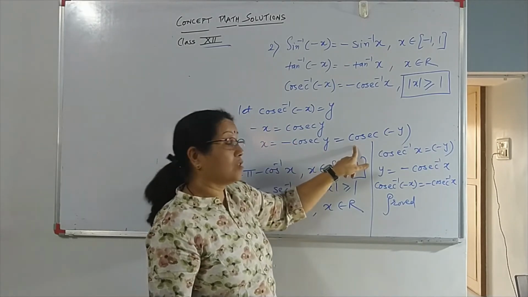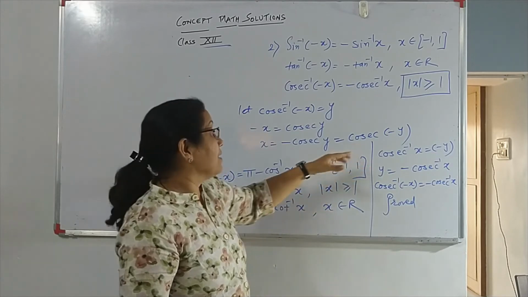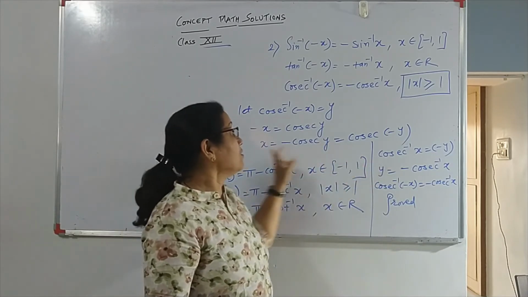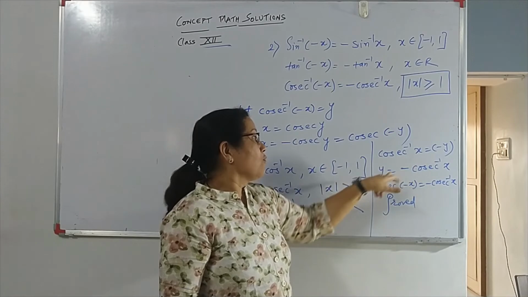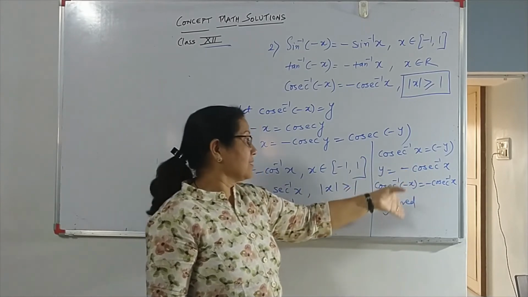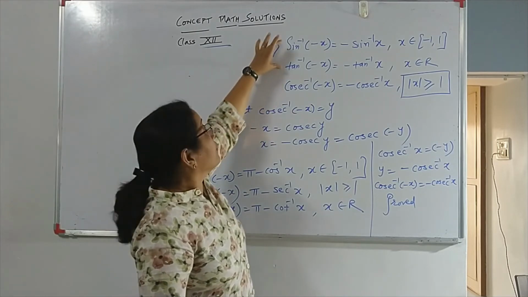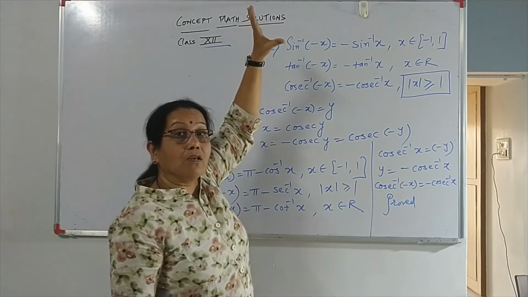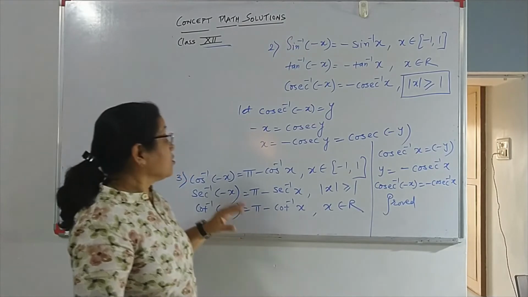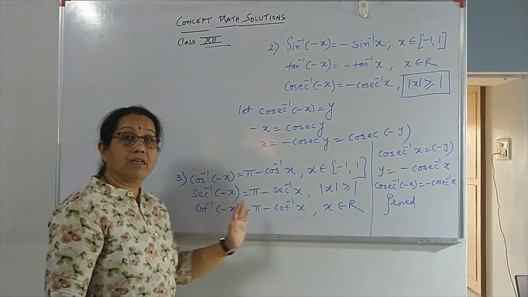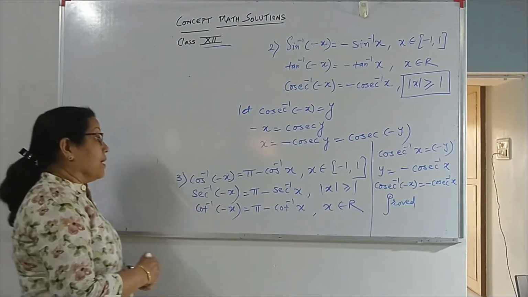Minus cosec y is cosec of minus y. Then cosec inverse of x is minus y, so y is minus cosec inverse x, and we proved the identity. Now I have proved the third. The first and second you are going to work on your own. Also this third group of identities we are going to work.